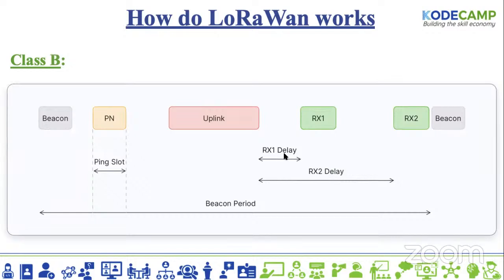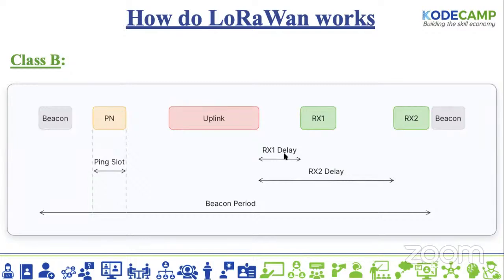So it's scheduled, it's timed. When it gets to that point, it's open and knows that at this point there should be another data coming in. So it opens access for data, and after that it just closes that up. So the class B has a scheduled system when it comes to receiving.